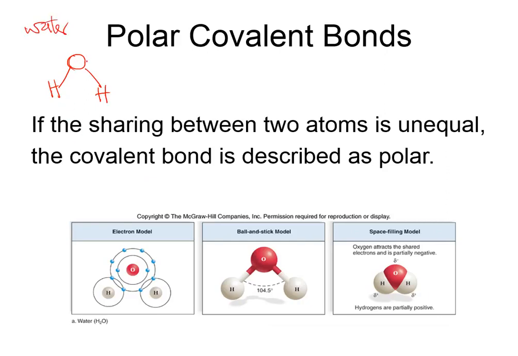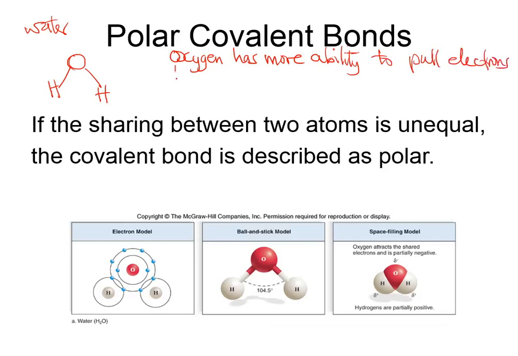So oxygen has more ability to pull electrons than hydrogen.